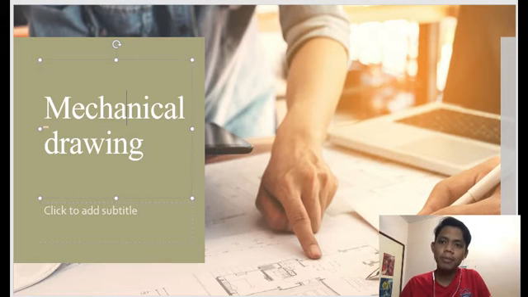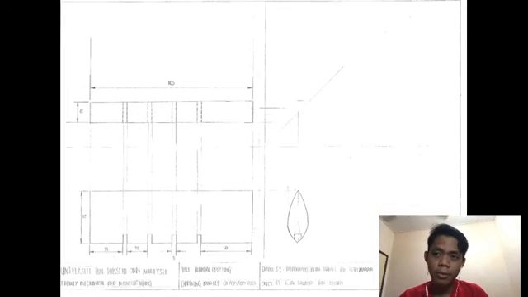Now, I will explain the aileron mechanism in the mechanical drawings, such as the isometric drawing, orthographic view, assembly drawing, and exploded drawing. For the first one, the aileron, this is the orthographic drawing in the third angle projection.